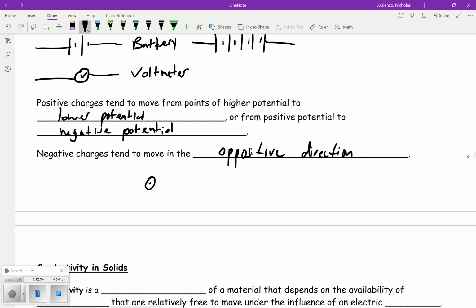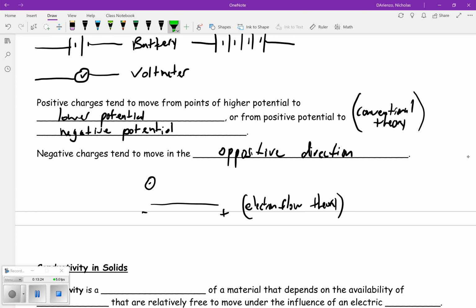Negatively charged electrons are moving from a negative potential to a positive potential. This is what we call electron flow theory, as opposed to conventional theory.